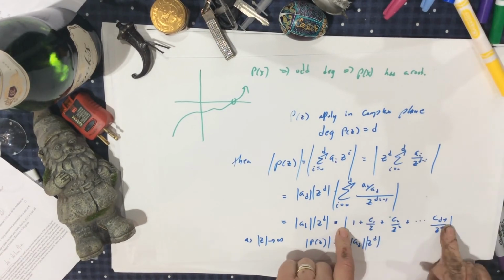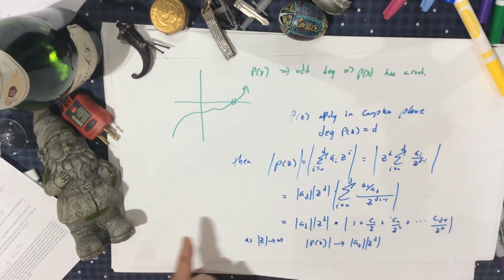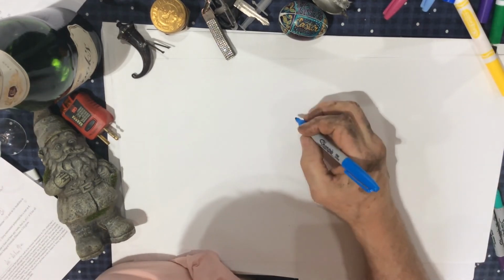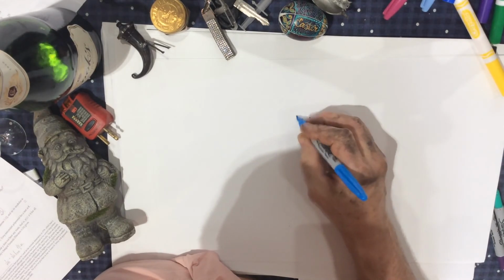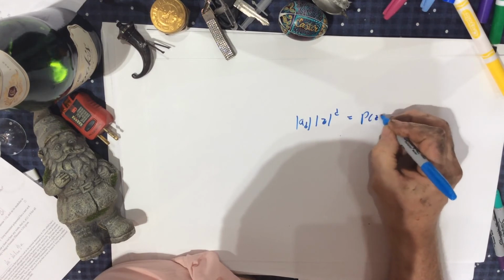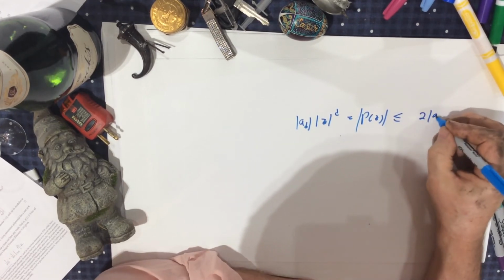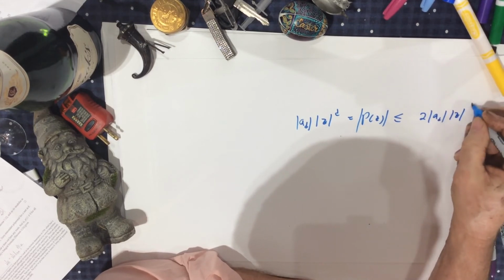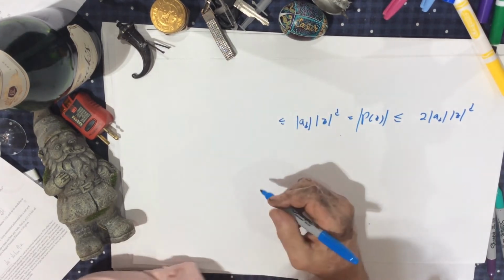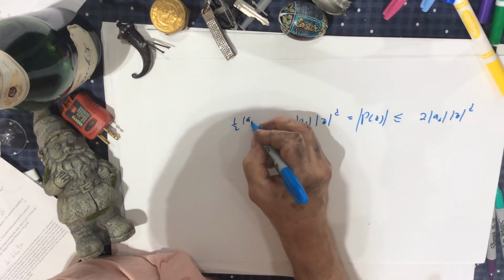So let's look at this limit and say, since this is going to 1, it's definitely less than 2, but it's greater than a half. So I can draw the following conclusion, that this a of d times the modulus of z to the d, which is the modulus of p of z, is going to be less than or equal to twice that, because we did a limit process, but it'll be greater than or equal to 1/2 times the modulus of this stuff.